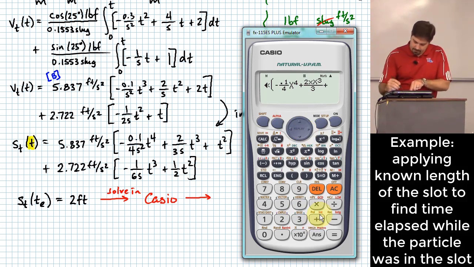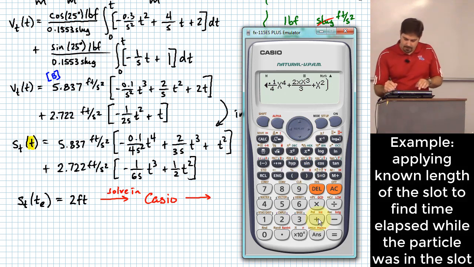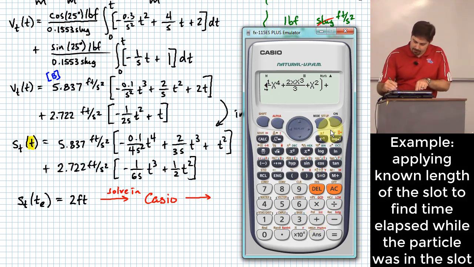Next I have another x squared. To this I'm going to add what I have stored in variable c, that 2.722 foot per second squared, multiplied by negative x cubed over 6 plus x squared over 2.